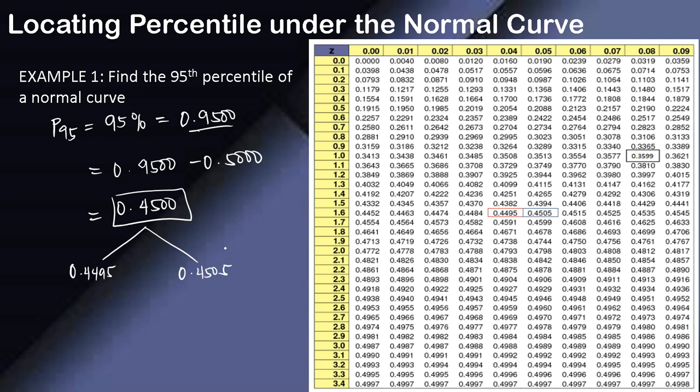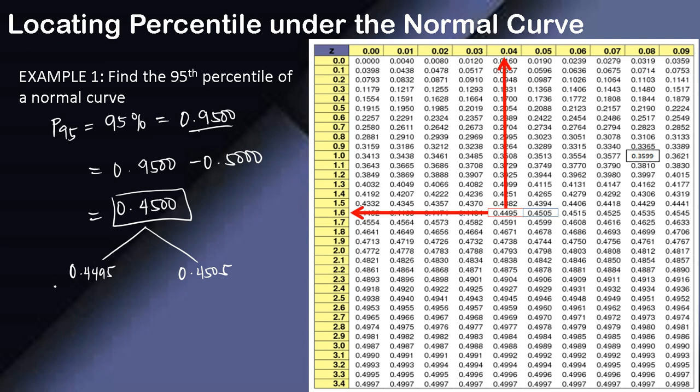So ito yung dalawang mas malapit kay 0.4500. Tandaan, kapag maghahanap tayo ng dalawang mas malapit doon sa isang particular na value, dapat in between yung target natin. Yung isa, bago dun sa given. Pangalawa, pagkatapos ng given. So the first one, we need to get the Z score of 0.4495.